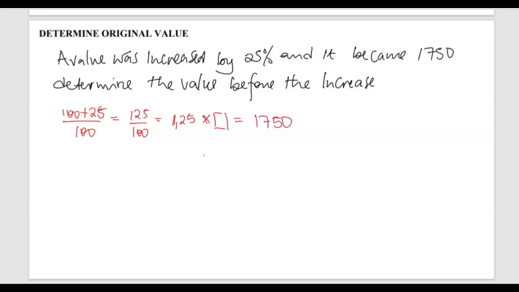So if the number was multiplied by 1,25 and they got the answer, we shall divide through by 1,25. So we shall get the answer there.